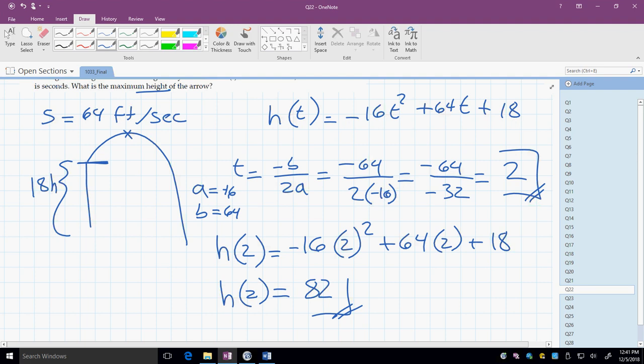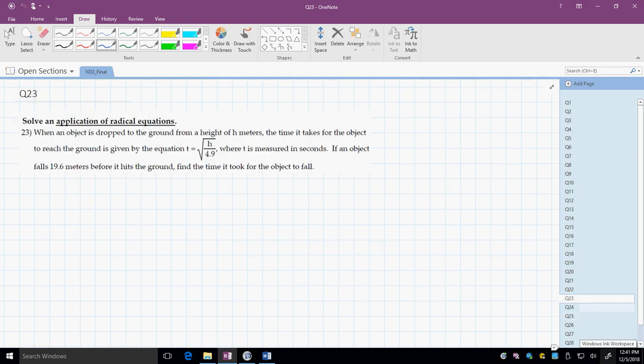Okay, next question, 23. When an object is dropped to the ground from a height h in meters, the time it takes for the object to reach the ground is given by the equation t equals the square root of h over 4.9, with time in seconds.